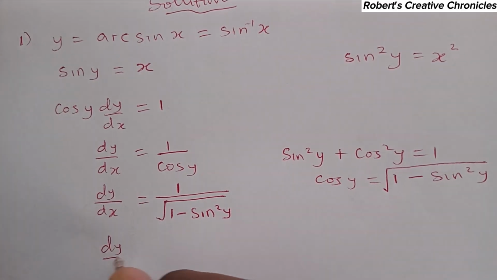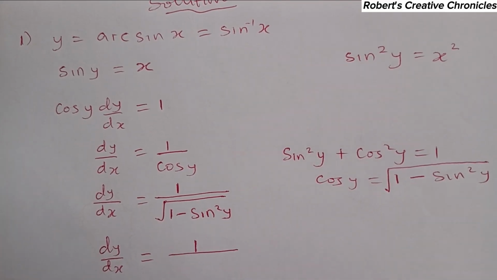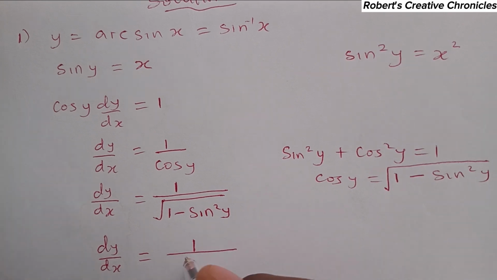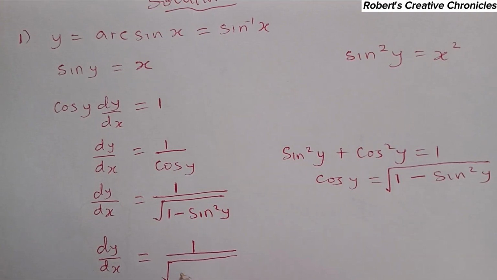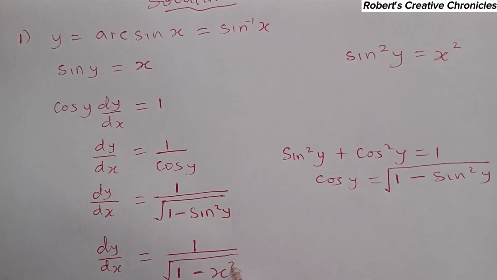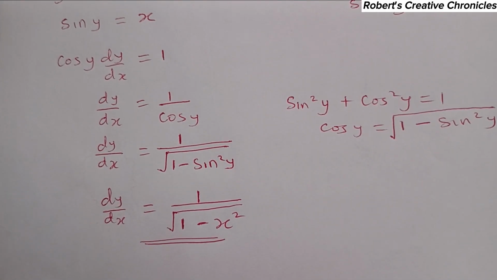So dy over dx will be equal to 1 over root of 1 minus x squared. So that's all. We have finished the first one. This is the derivative of sine inverse x.